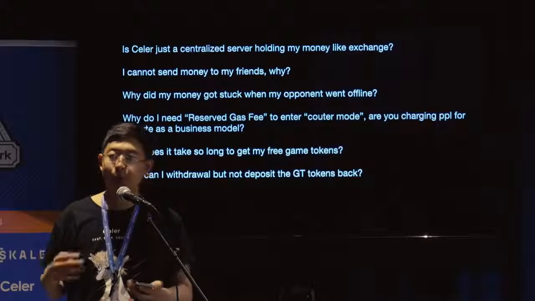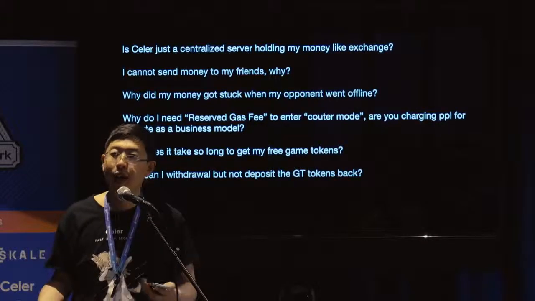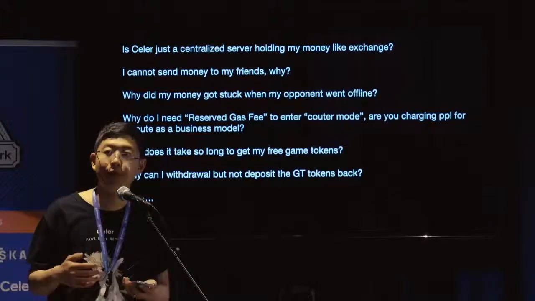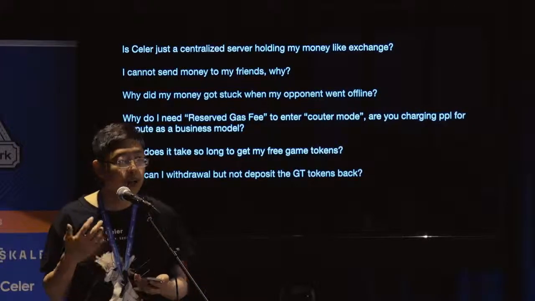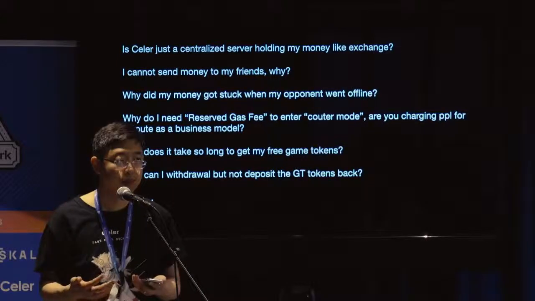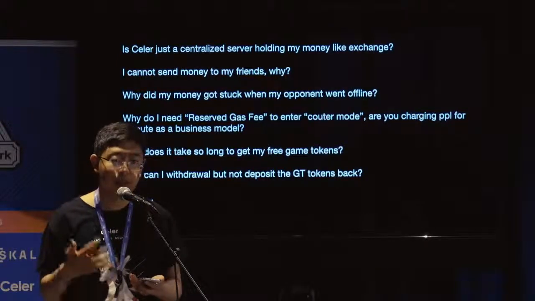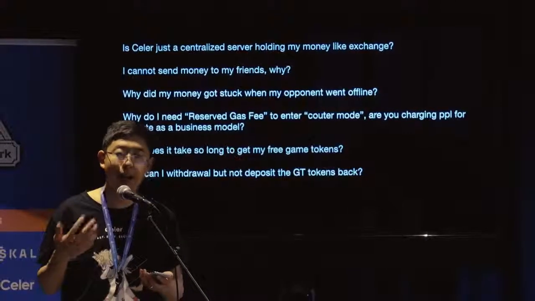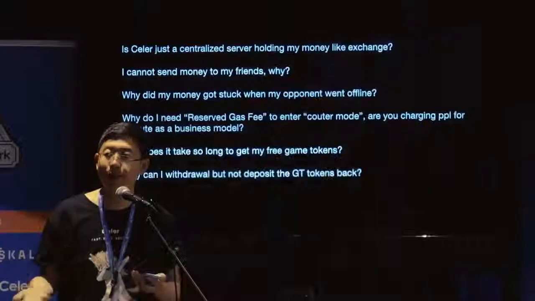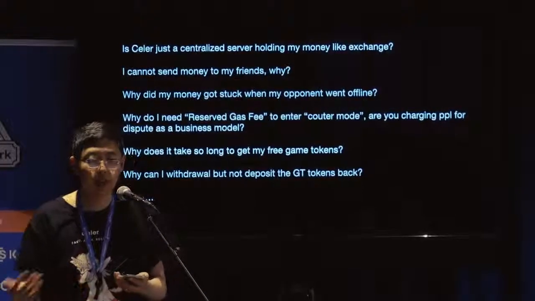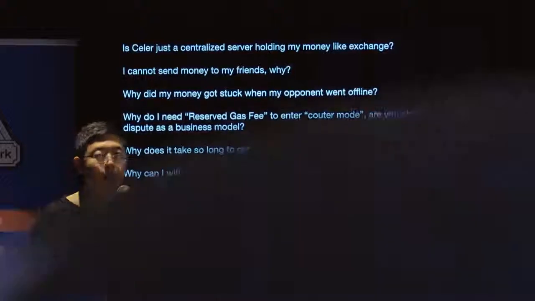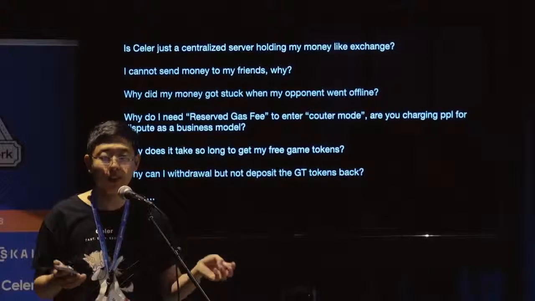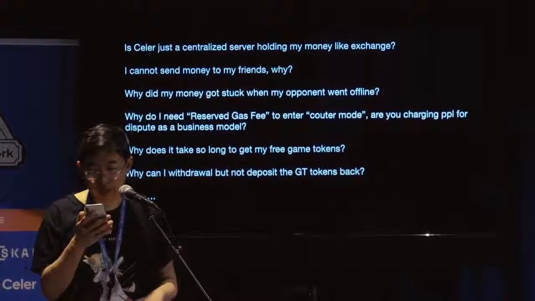That process feels to a lot of normal users like a process of depositing to exchanges, very much like depositing to a centralized exchange that is managed by us. So that puts a lot of responsibility on us, and they are saying, oh, are you actually holding custody of funds and stuff like that? And we're even worried the regulator may think about that, and that's a big different story.